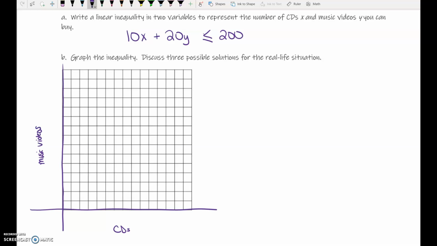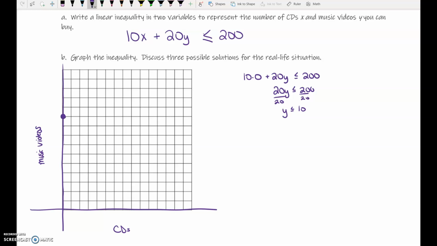So if we buy 0 CDs, we've got 10 times 0 plus 20y is less than or equal to 200. Divide that by 20. 200 divided by 20 is 10. So that means our y-intercept is 10. So we count up here 1, 2, 3, 4, 5, 6, 7, 8, 9, 10.